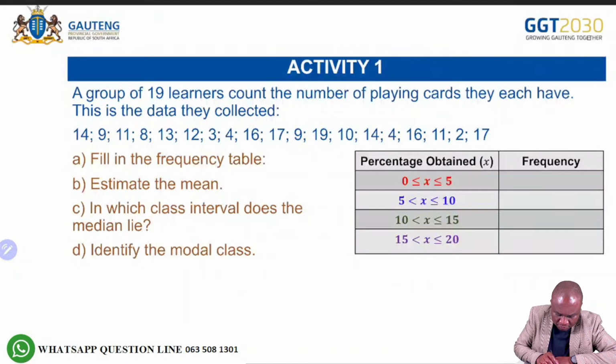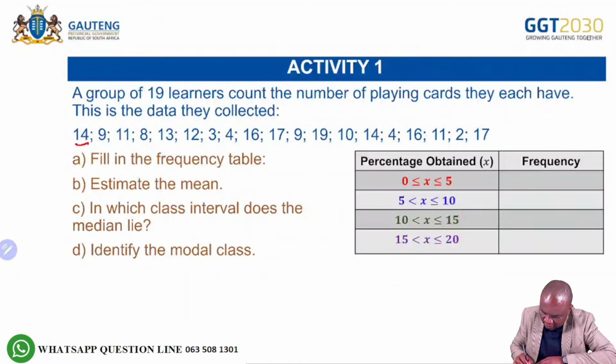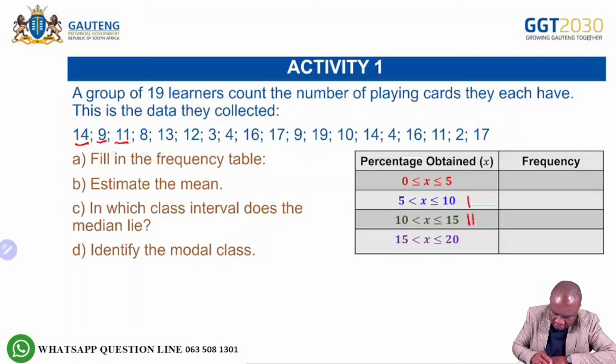Right, let's try to be accurate. 14 is here. 9 is here. 11 is here. I'll try to be fast. 8 is here. 13 is here. 12 is here. 3 is here. 4 is here. 16 is here.